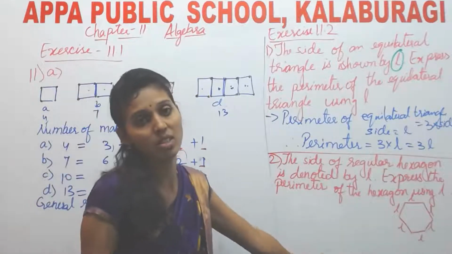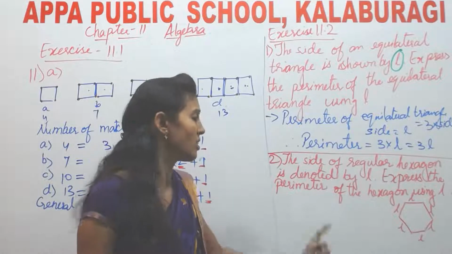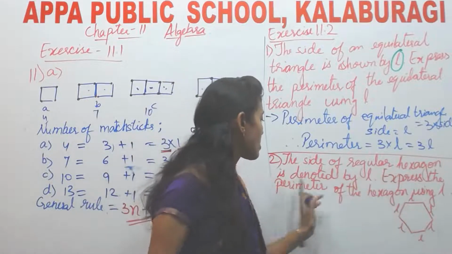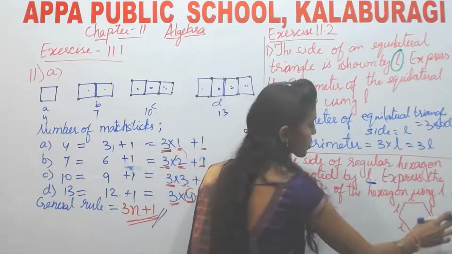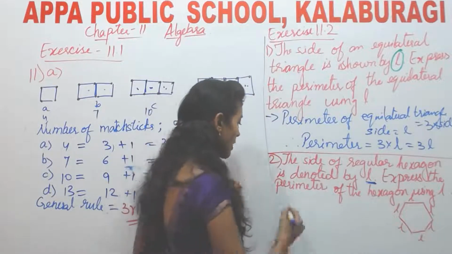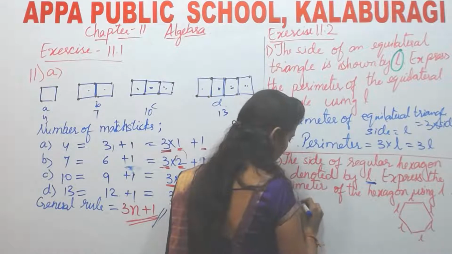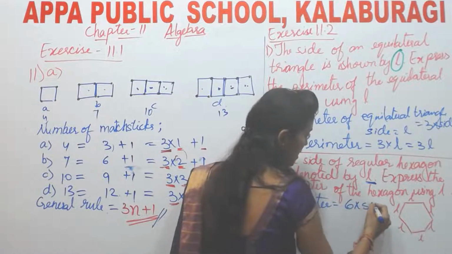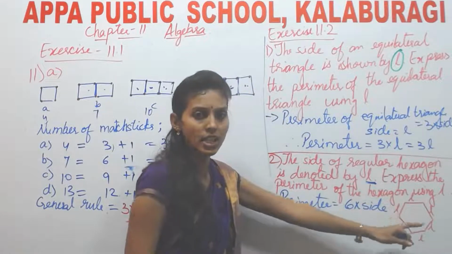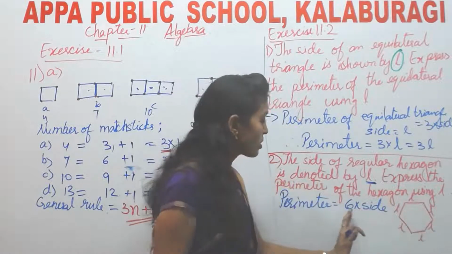In the same way, this one also. Actually, I would have left it for you only, but still I have written. See, the side of a regular hexagon is denoted by L. Express the perimeter of the hexagon using L. Again, the perimeter of a regular hexagon is nothing but the sum of all sides. Here all sides are equal. So 6 into side.